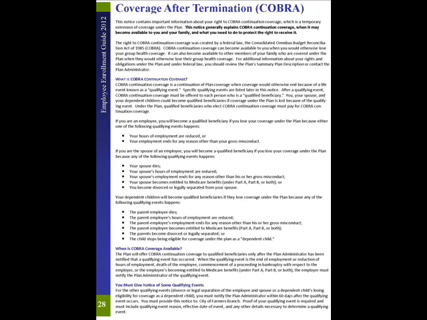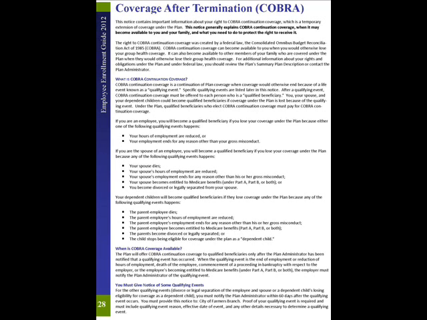If you are an employee, you will become a qualified beneficiary if you lose your coverage under the plan because either one of the following qualifying events happens. Your hours of employment are reduced, or your employment ends for any reason other than your gross misconduct.